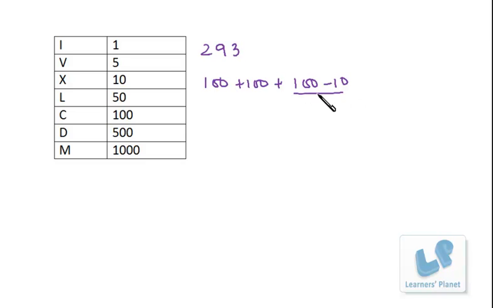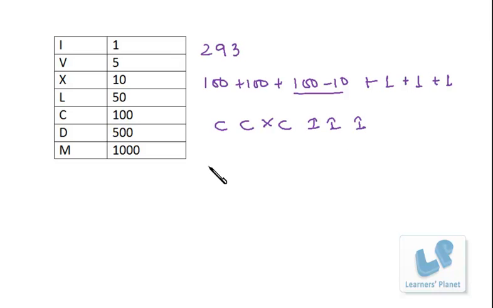That is a representation of 90. So I have put an underline over here. Okay, so it's 100 minus 10, that is 100 plus 100 plus 90, that is 290. Then 1, 2 and 3. Okay, now 100 is C, this 100 is C. 100 minus 10, that means I have to put X before C. Okay, then it's I.